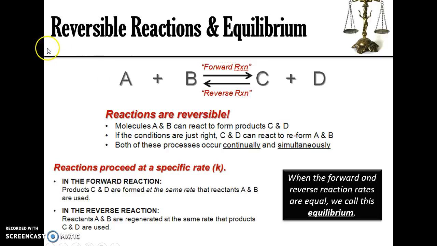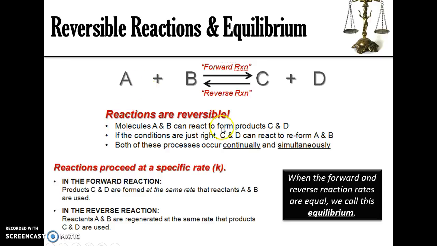So just to review from yesterday, we learned that some reactions are reversible, so you can start out with A plus B and you can get the products of C plus D, but sometimes those products will go back and turn back into reactants. That's all reversible means. It means that the reaction can proceed in both directions.